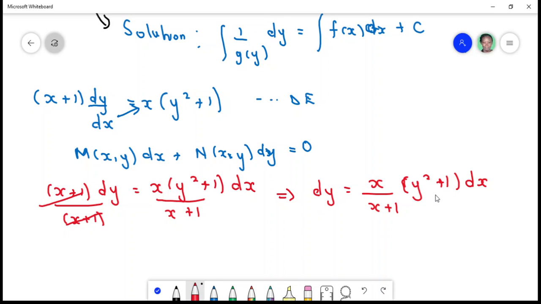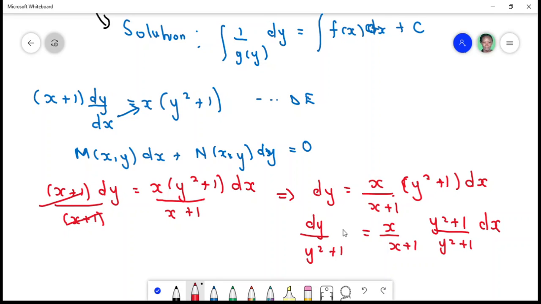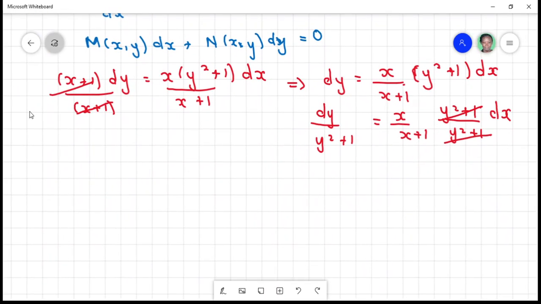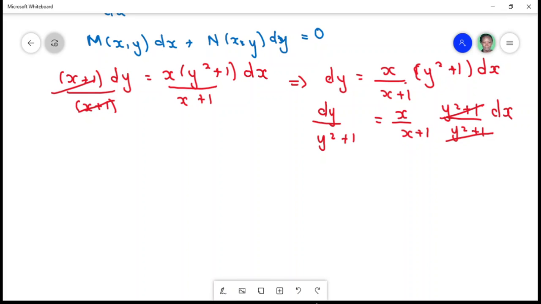I can divide through by it, so that I have dy over (y squared plus 1) equal to x over (x plus 1) times (y squared plus 1) over (y squared plus 1) dx. This cancels.